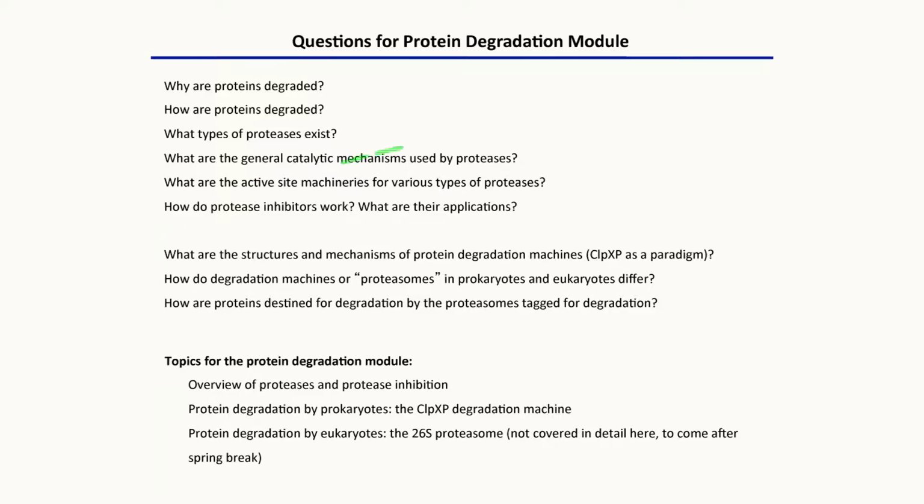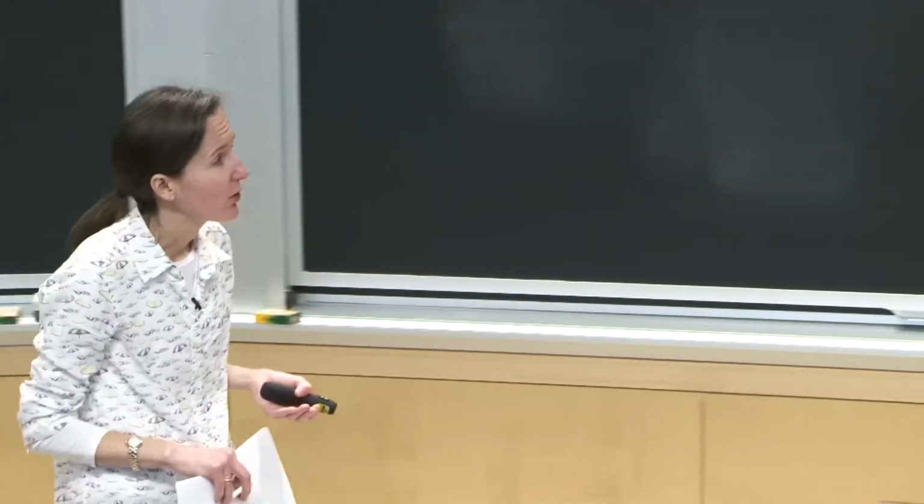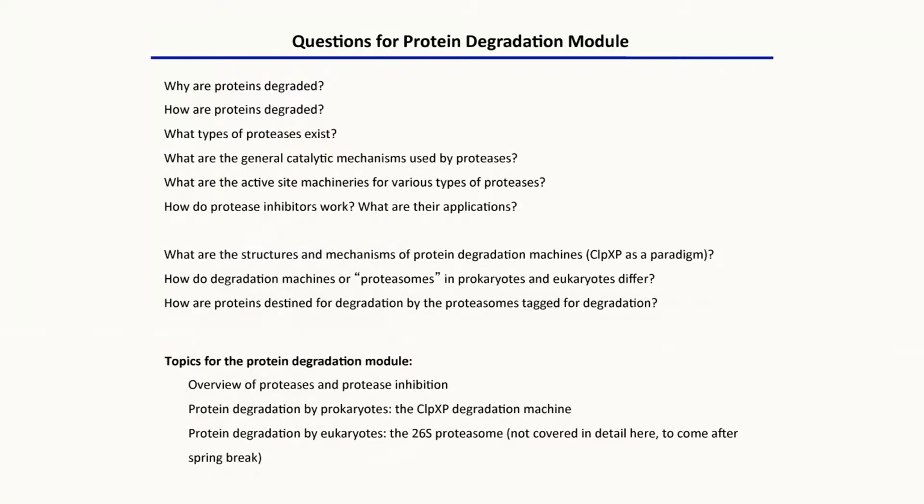And then moving into protein degradation machines, we're going to look at ClpXP from E. coli as a case study. So we need to think about what are the structures of these degradation machines, what are the mechanisms, how do they differ in prokaryotes and eukaryotes. So after spring break, Joanne will spend some time talking about the eukaryotic proteasome.